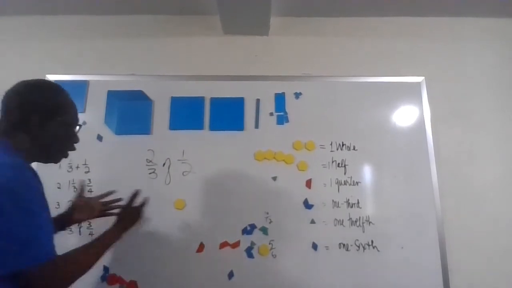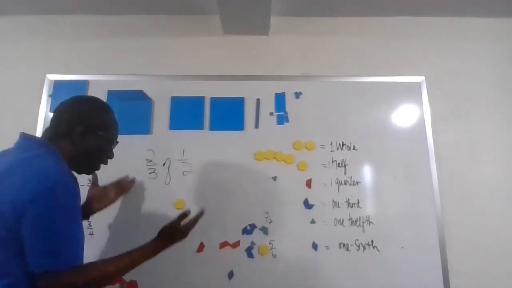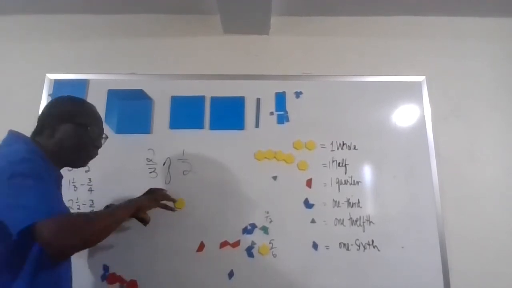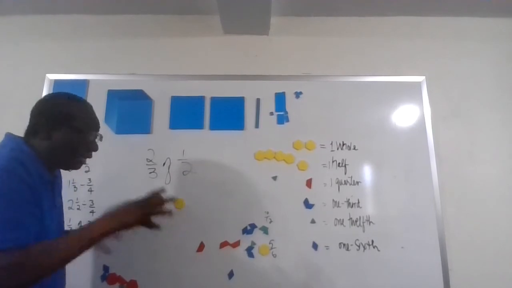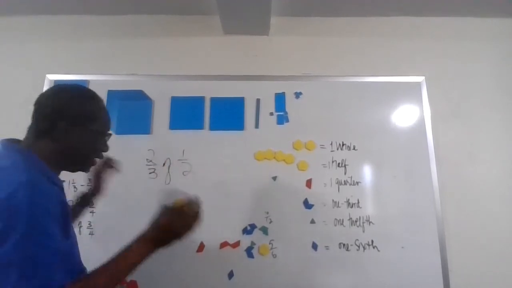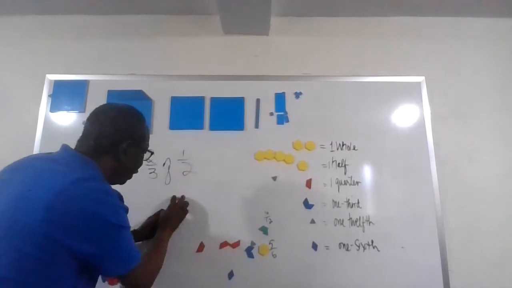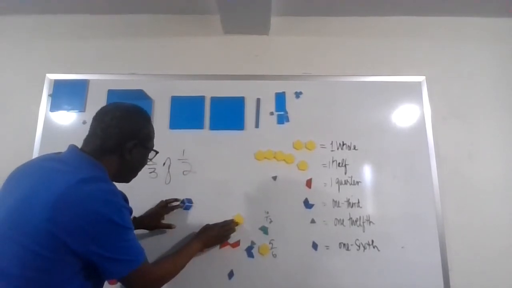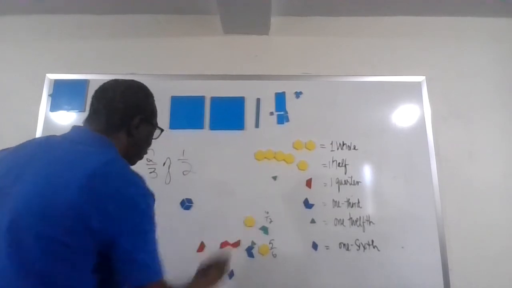I want 2/3 of it, but right now I only have one piece. So I have to do something to my whole. I have to partition it in such a way that I have 3 parts, and I can easily do that. I'm going to trade these 3 rhombi for my half.